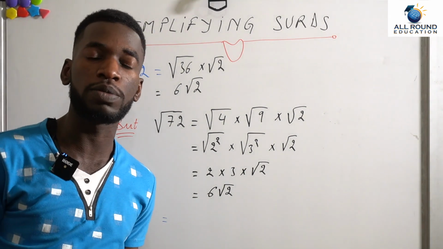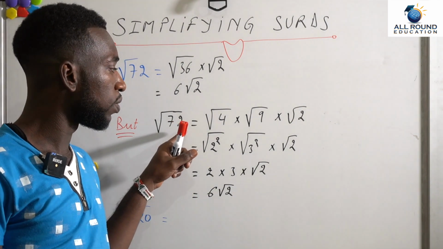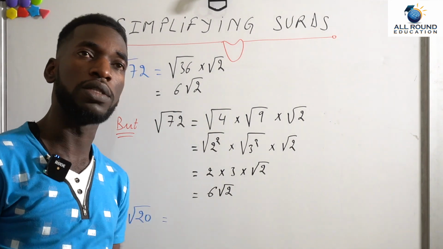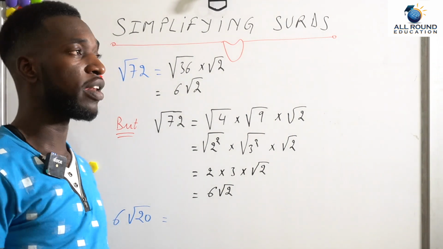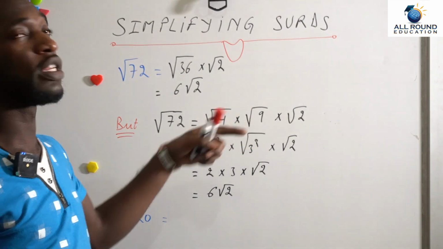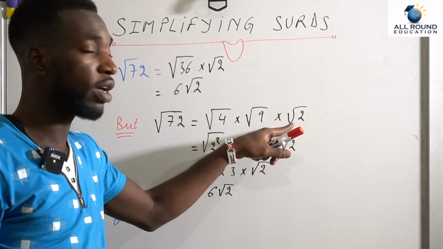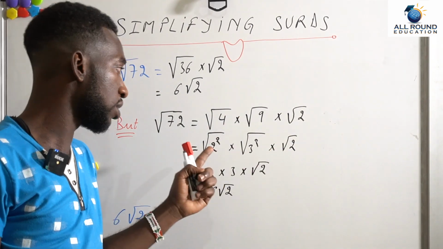So 72 divided by 4 is 18, right? Yeah, it's 18. And so that will be 4 times 18. But you also know that 18 is the same as the square root of 9 times the square root of 2. So that makes sense, right?